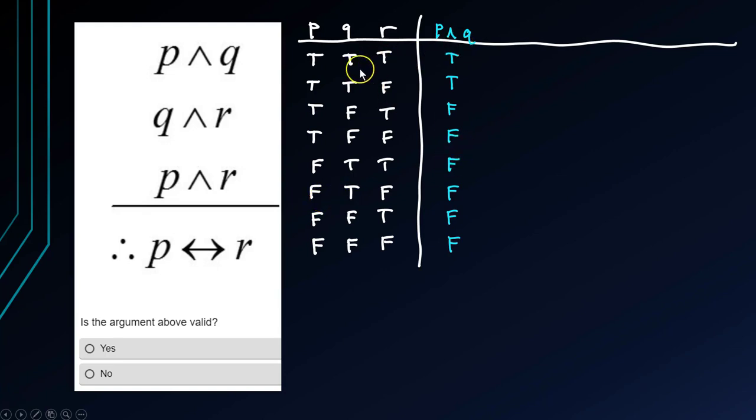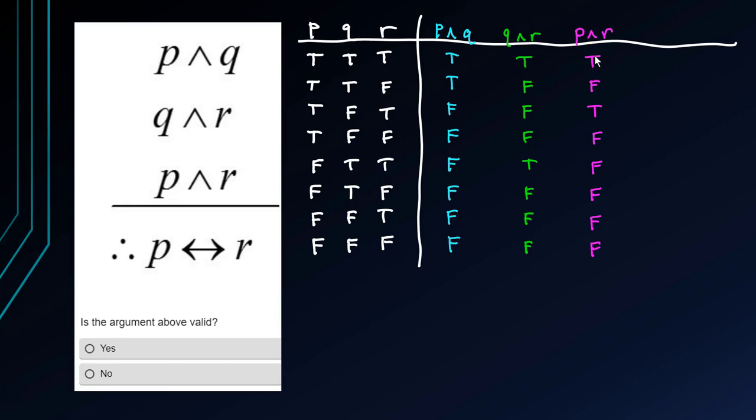When I look at Q and R, they're both true here and here, which are the only two instances where it's true, and false everywhere else. And when I look at P and R, the first and the third column, both true here, false everywhere else.